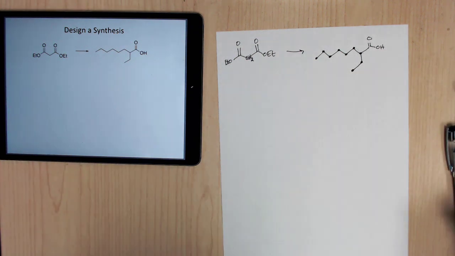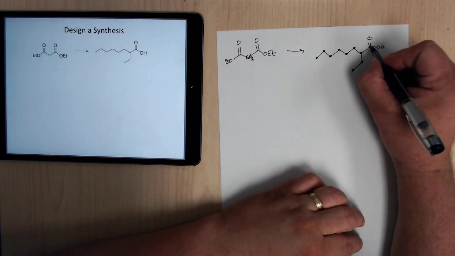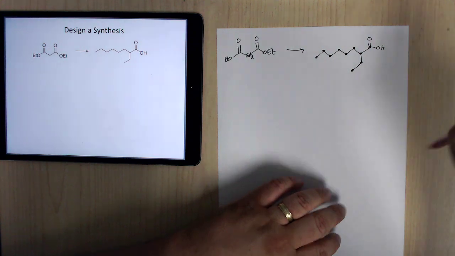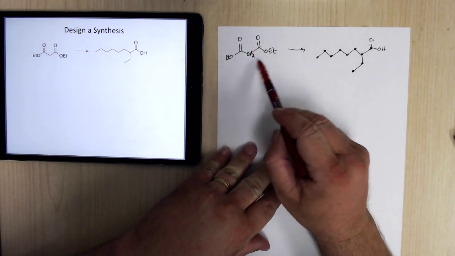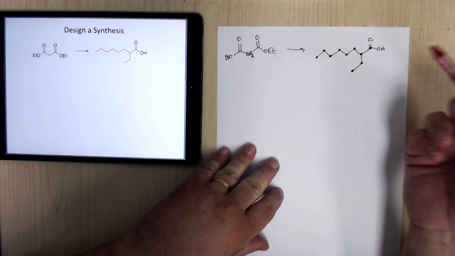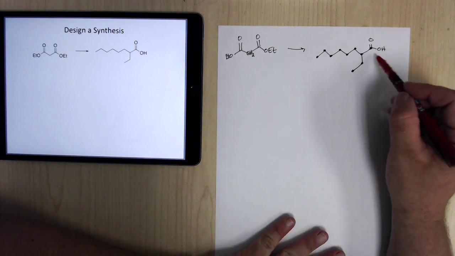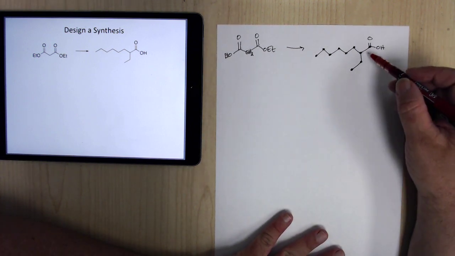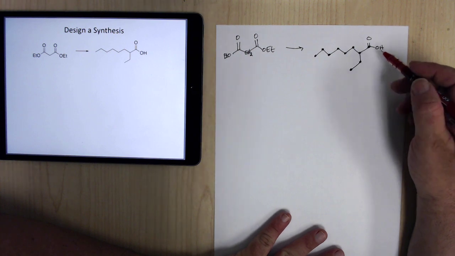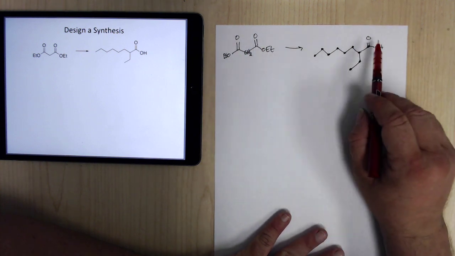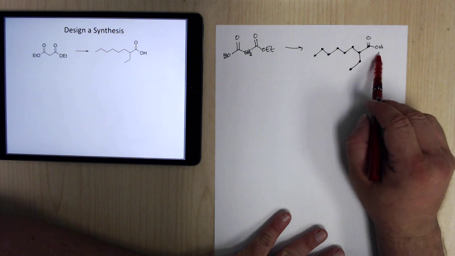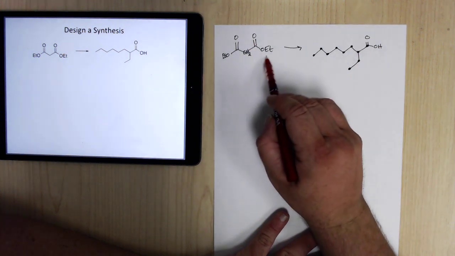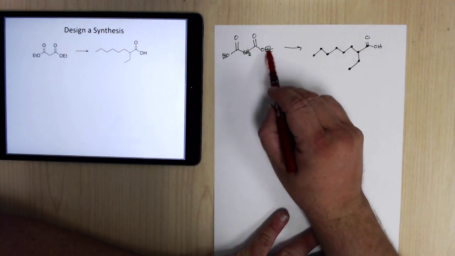Okay, this is the tricky part. First thing you need to do is figure out where these carbons are. So remember, we're going to end up going through, right, there's only one C double bond O left, so we would have had to have gone through that decarboxylation step. So this carboxylic acid is probably going to be coming from that carboxylic acid here, or that one.